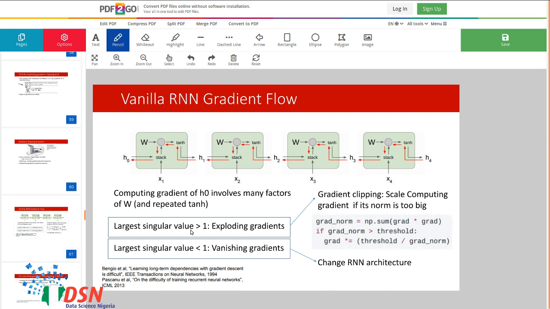So for exploding gradient, we could use gradient clipping, and if we have vanishing gradient, we know that we could change the RNN architecture.